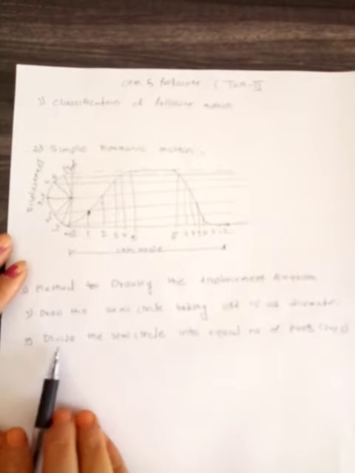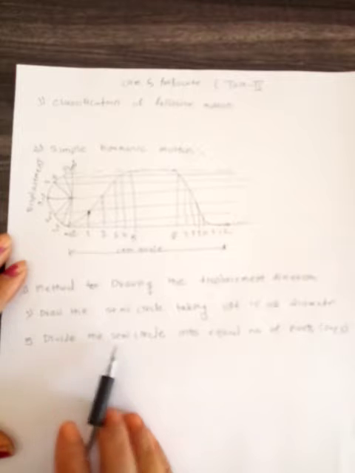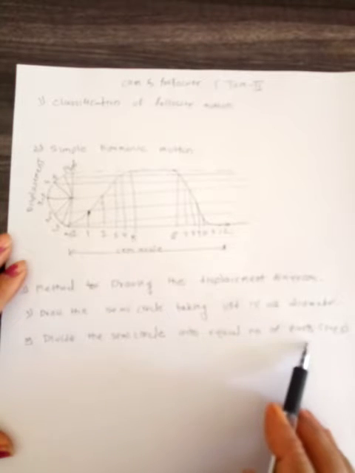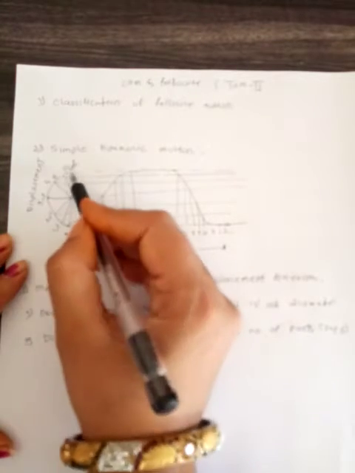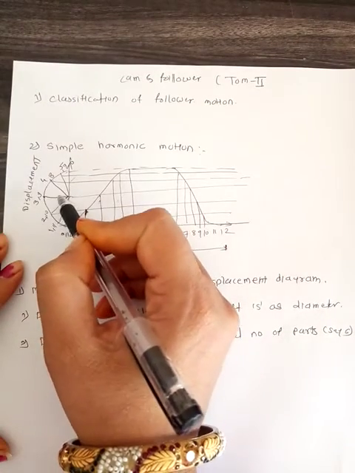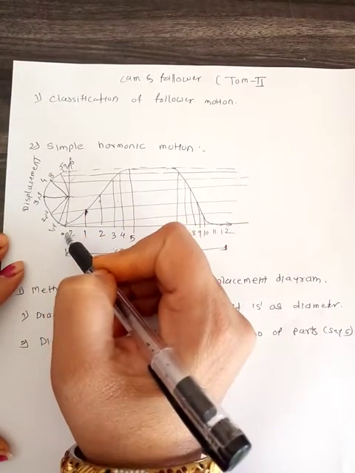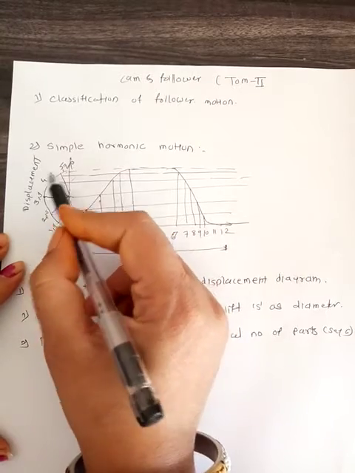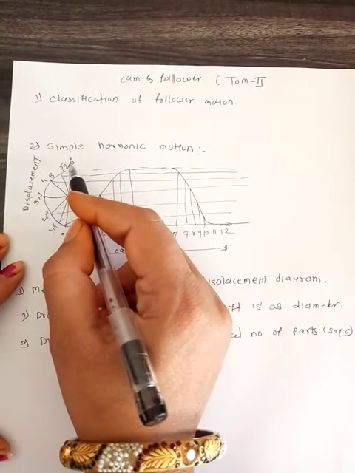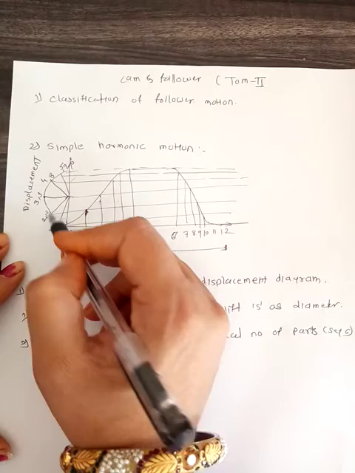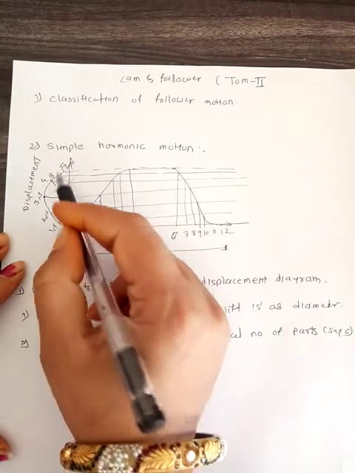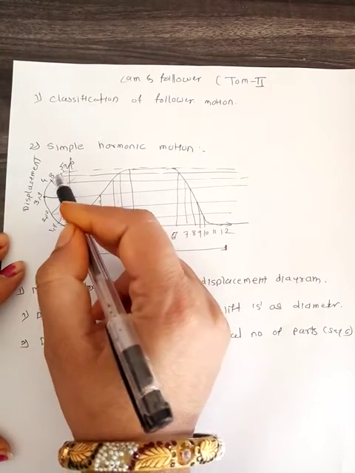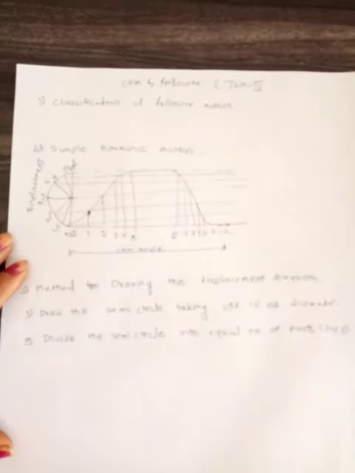The semicircle is divided into equal parts: 0, 1, 2, 3, 4, 5, 6, 7, 8, 9, 10, 11, then 12.